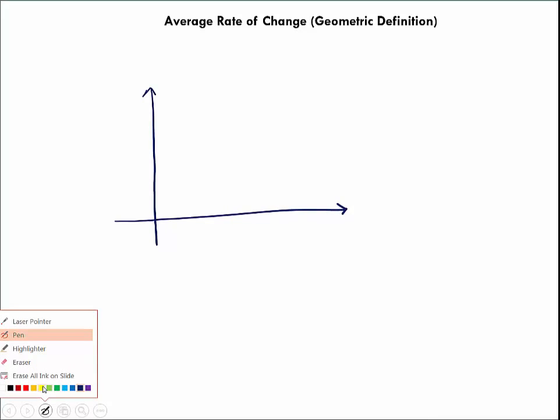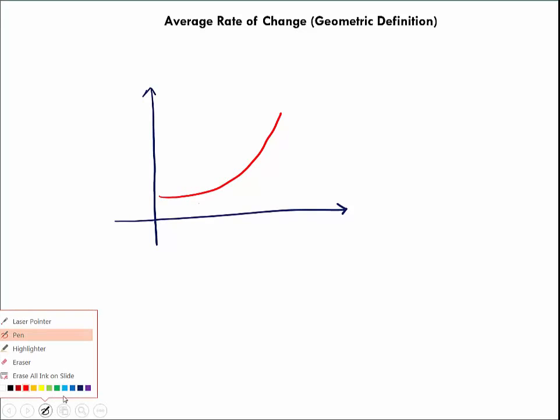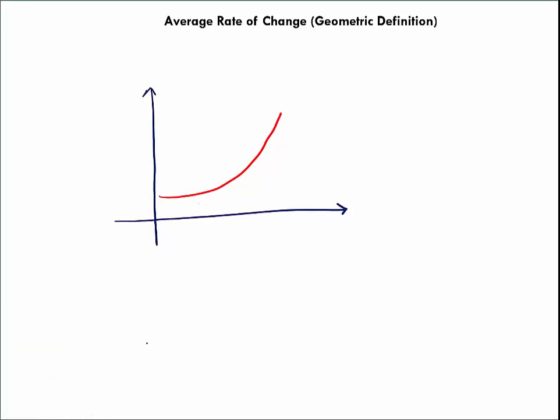Let's look at the geometric definition of the average rate of change. So if I have my graph here, and then in my graph, get some different colors going on, I have some function, say it looks like that, and I can start labeling some points.